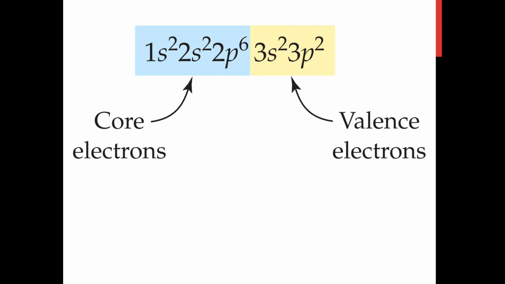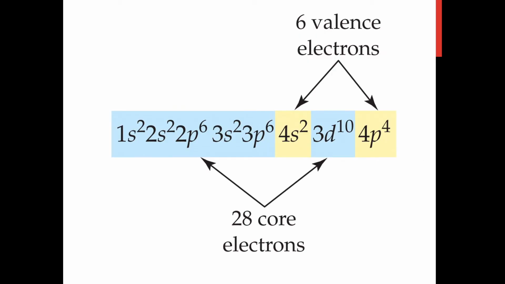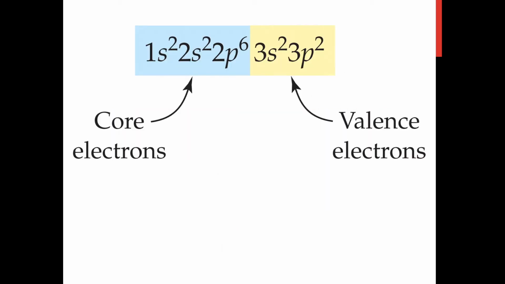Some people sort it like this. This is unsorted. Sometimes you'll see it sorted where the 4s is grouped with all the other 4s. But the core electrons are anything less than the highest energy level. The valence electrons are the ones that are on the highest energy level.